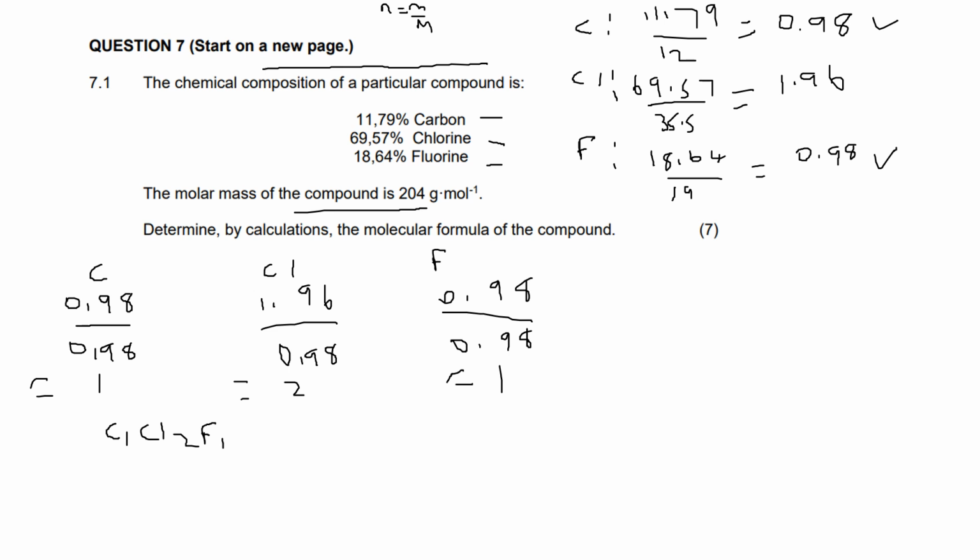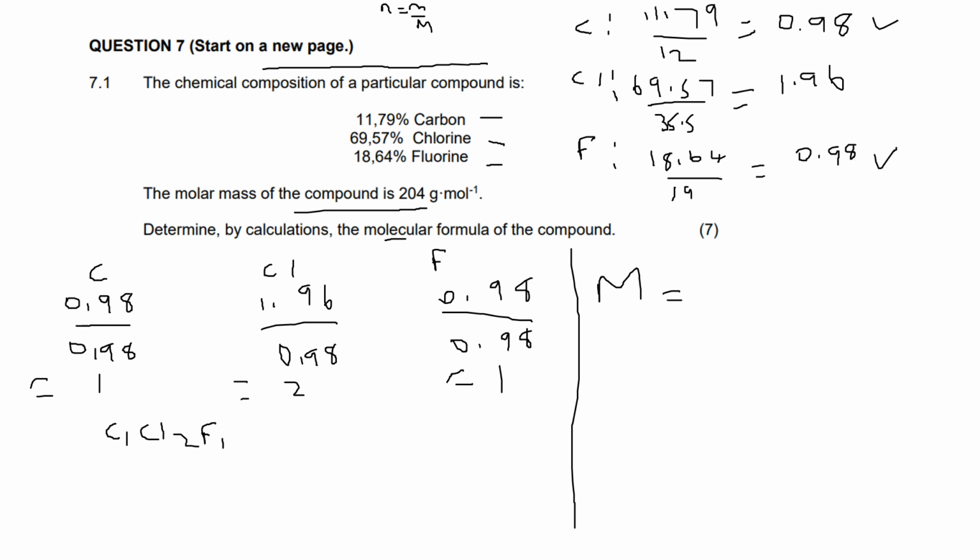That's our empirical formula. And again, they want us to find the molecular formula. So to find the molecular formula, same thing that we did before. Let's find the big M first, which will be the formula mass. Let's find the big M of the empirical formula.